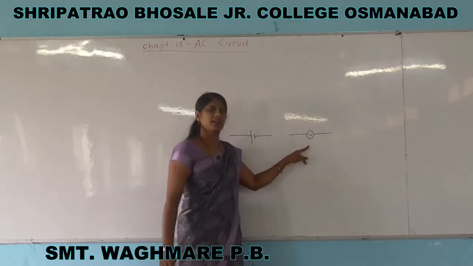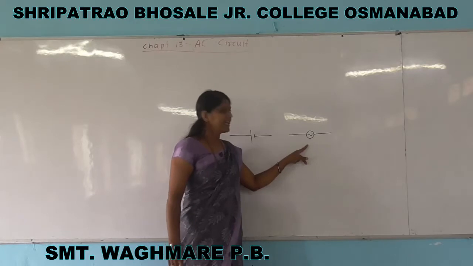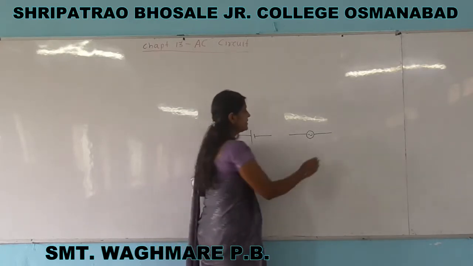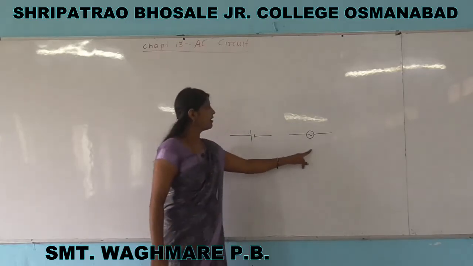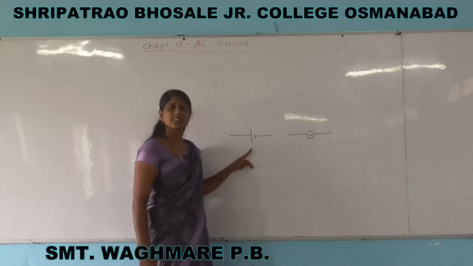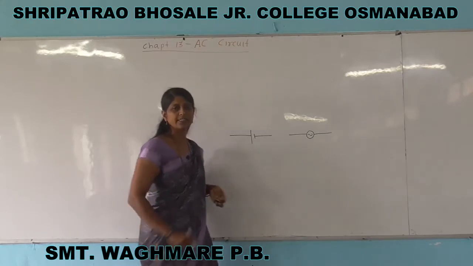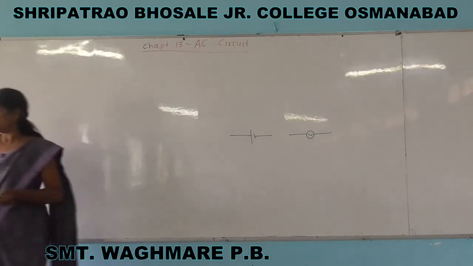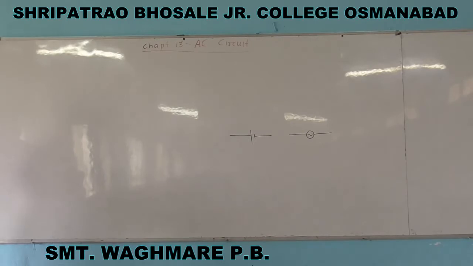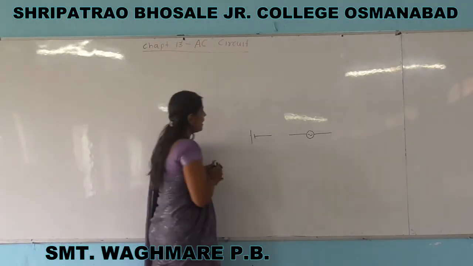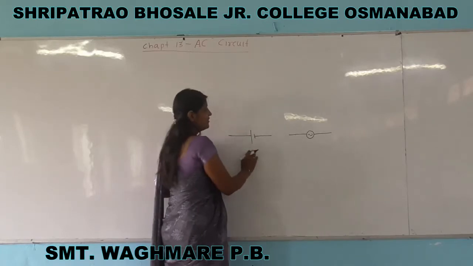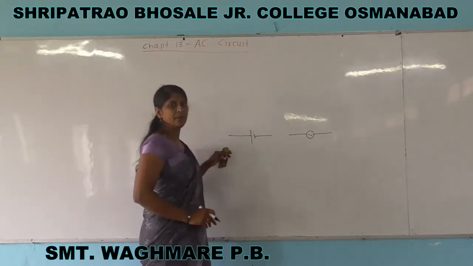This is the symbol of AC supply or AC EMF, and this is the symbol of EMF of DC supply. Now, DC is direct current which has a fixed polarity of voltage. The positive and negative ends are fixed in this DC supply.